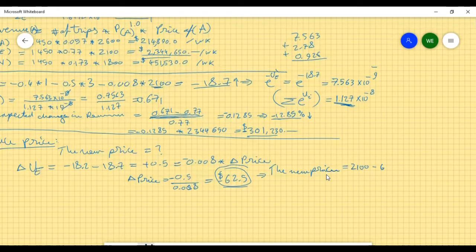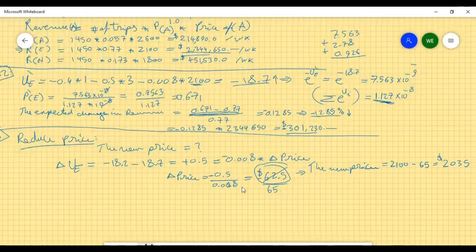Let's simplify it and make it 65, just to make it a whole number. Minus 65 US dollars, so we are going to end up with 2035 US dollars. So that's the new ticket price.